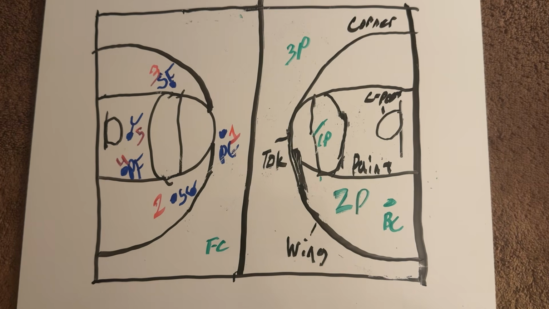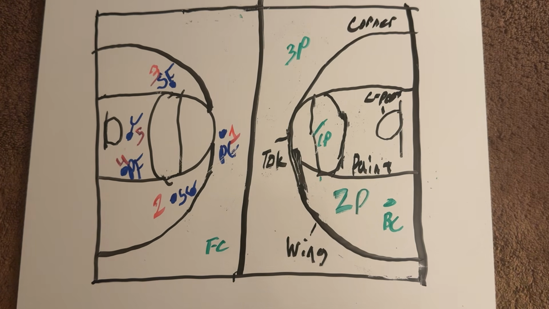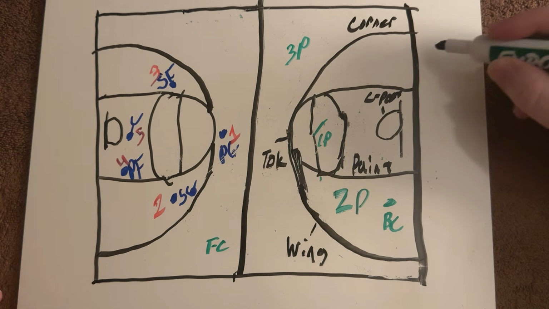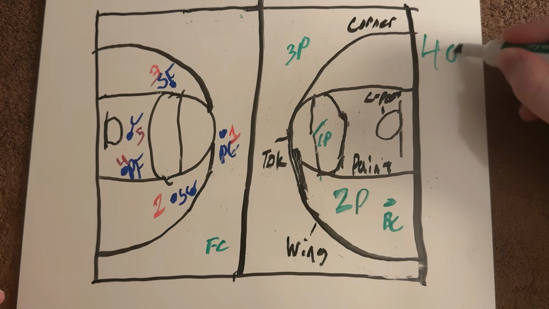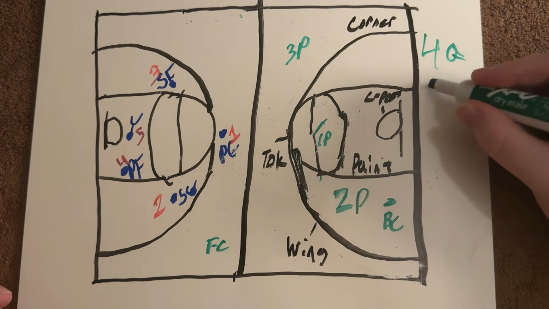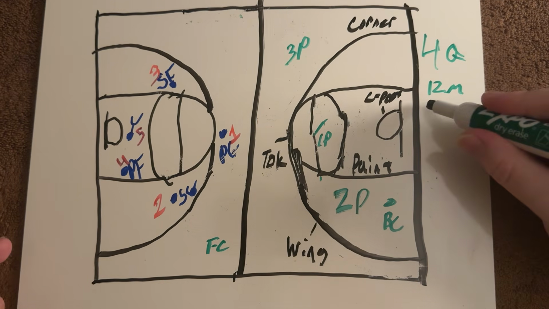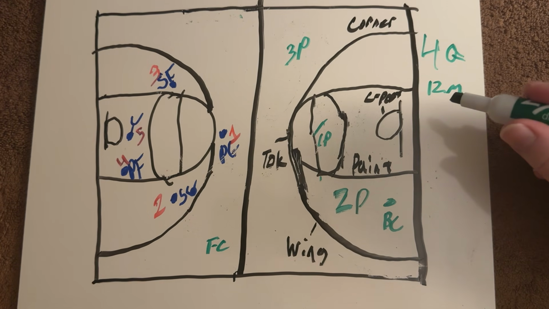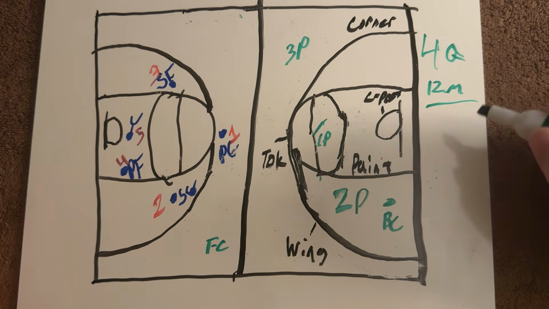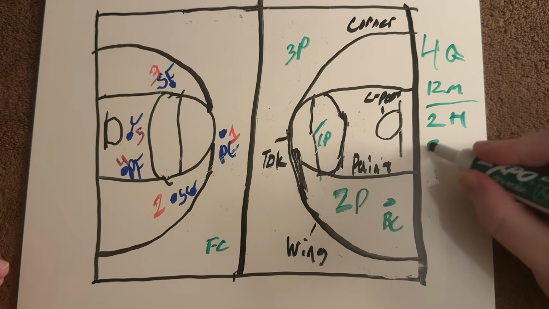So, obviously, the first aspect of basketball is how do you win the game? Well, you score more points than your opponent, of course, but to do that, you are given 4 quarters. You get 4 quarters that are 12 minutes long in American college basketball. If you choose to watch that instead, you are given 2 halves of 20 minutes.